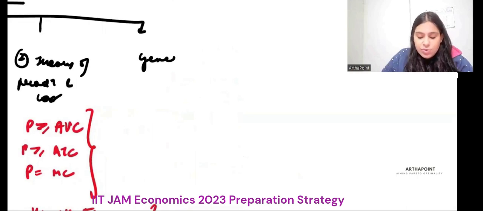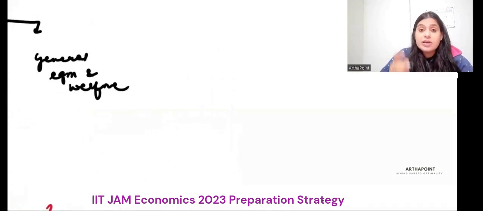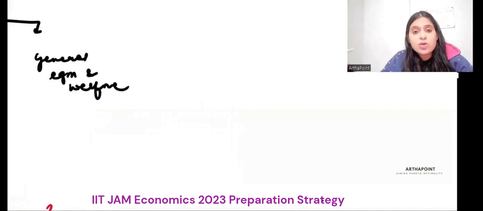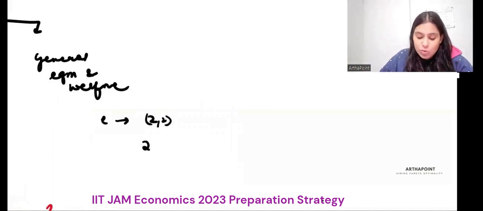Then third comes general equilibrium and welfare. Again, जितने भी use cases हमने किए हैं with square and rectangular Edgeworth box, एक बारी Edgeworth box को 2,2 endowments के साथ लो, एक बारी 2,3 endowments के साथ लो.